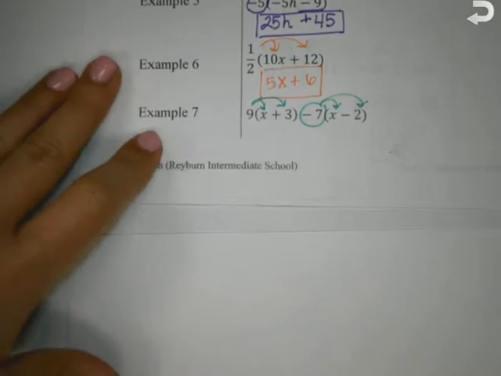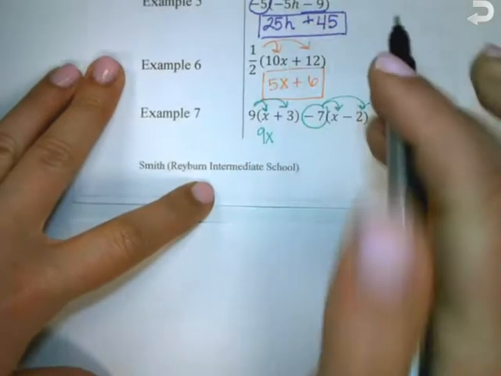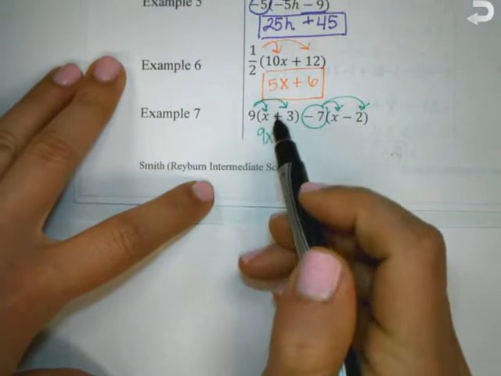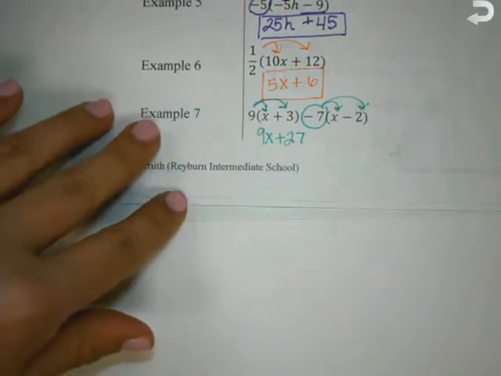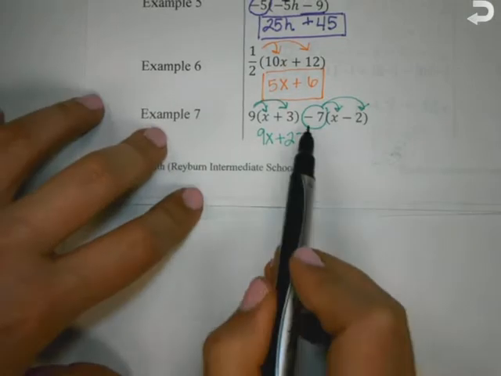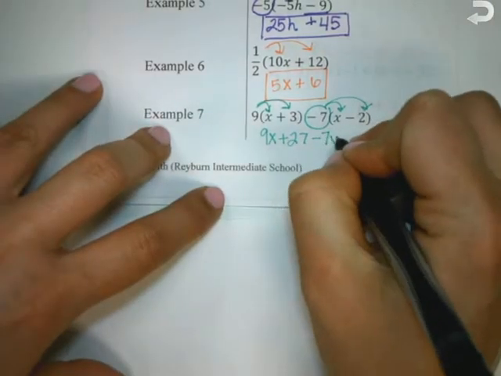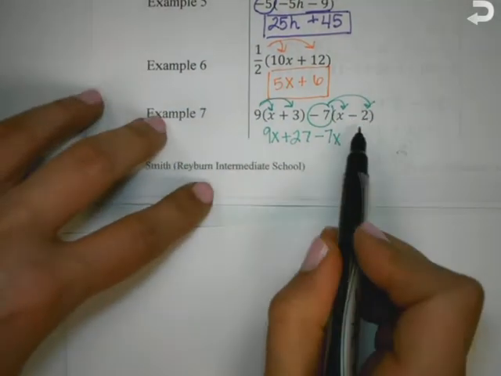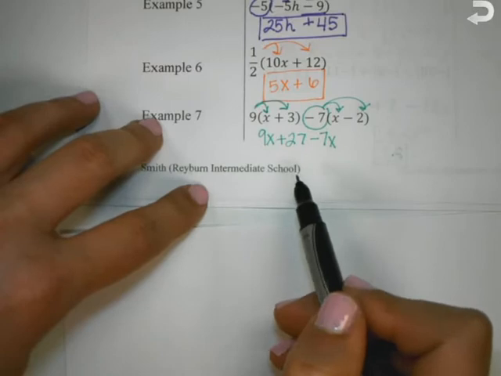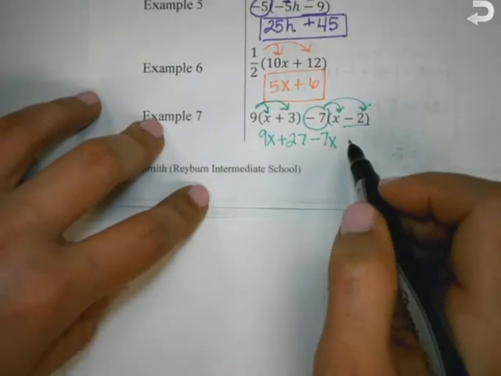What's 9 times 3? Positive 27. So this is 9x plus 27, right? What's negative 7 times x? Negative 7x, so minus 7x. Okay, and then negative 7 times what? Positive or negative 2? Negative 2. So what's negative 7 times negative 2? Positive 14. Am I done?